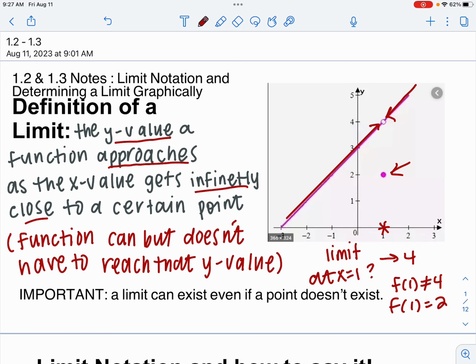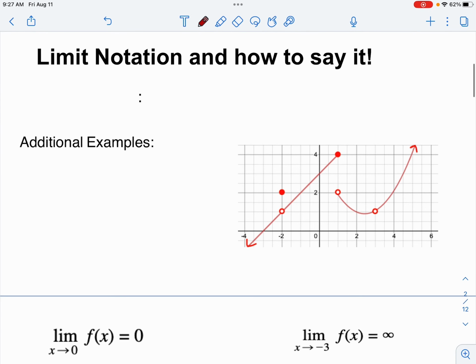Now we're going to talk a little bit about limit notation and how to say it. I'm going to fill in some of these things on my graph, but they should already be on your printed handout. First, this is just standard limit notation. You will always have things filled in for C, and a lot of times it will be your job to find R. Here's an example of how you say this. If you're at home or in class, I would encourage you to practice saying this out loud so that you can have the correct academic language.